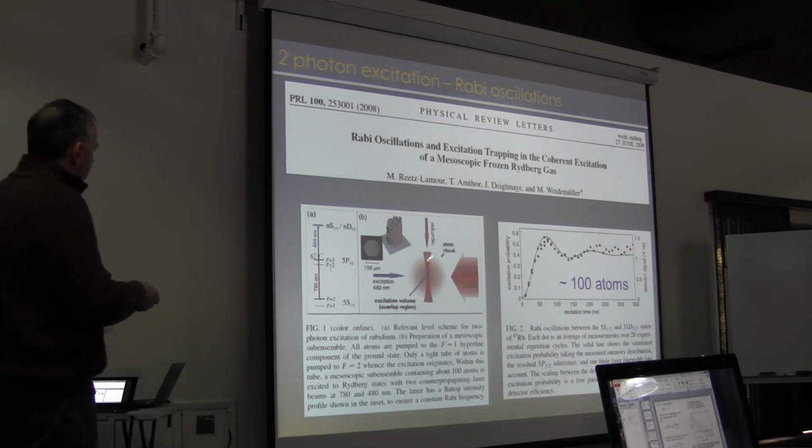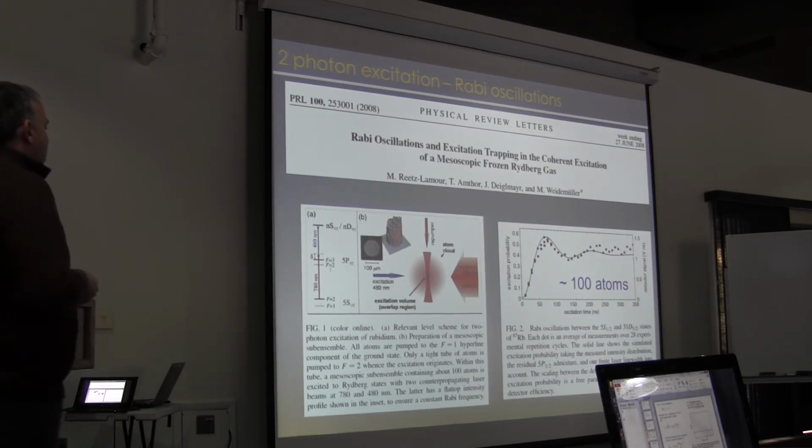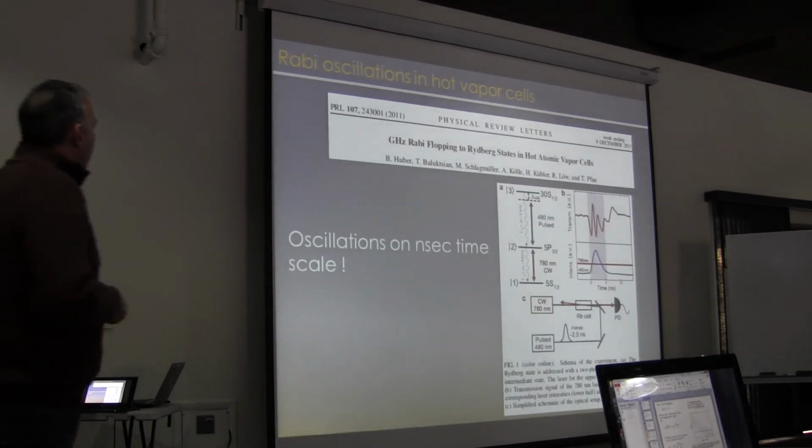And then the atoms are also in a dipole trap, so there's an overlap of these 3 beams defining the excitation volume, but there's still some spatial variations, and you see not a full contrast oscillation, so it comes up and comes partially back down. This may also be partially due to interactions in this cold sample.